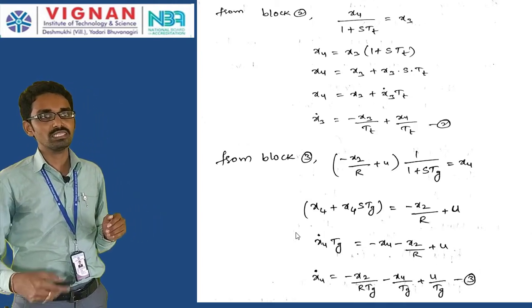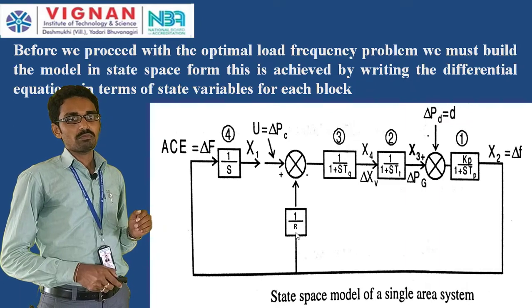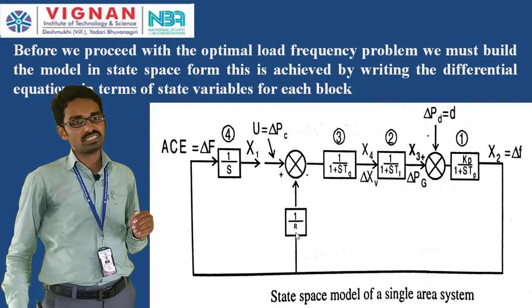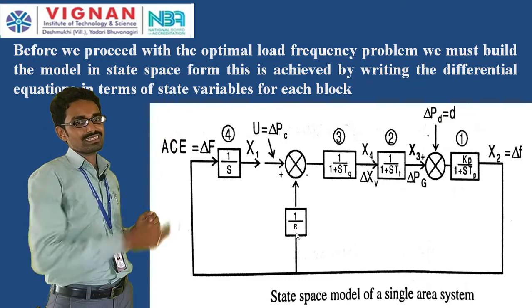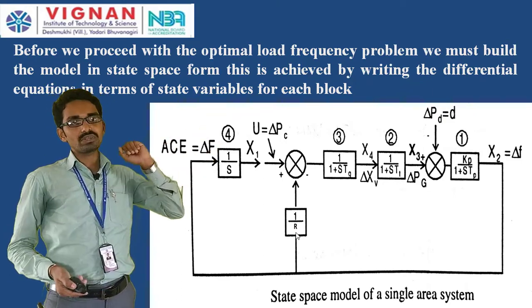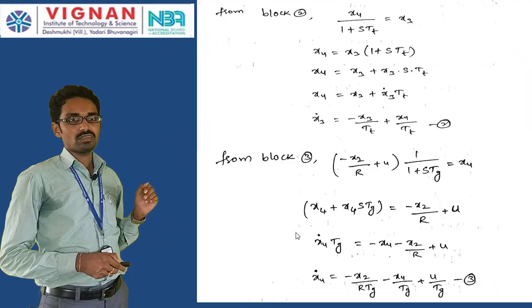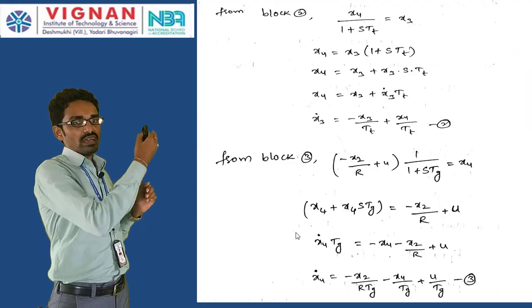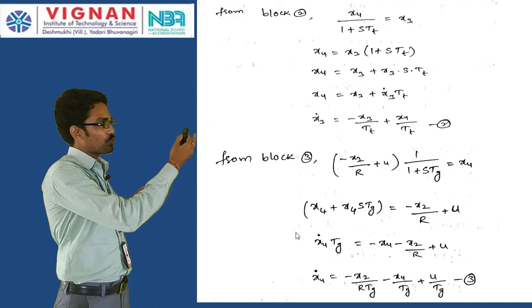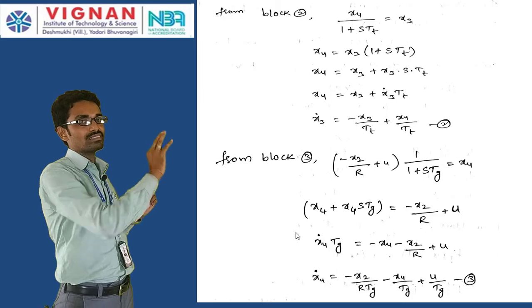So if I write the equations from block 2, that is 1 by 1 plus STt, the input is x4 and the output is x3. Here x3 is the output, x4 is the input, and your transfer function is 1 by 1 plus STt.